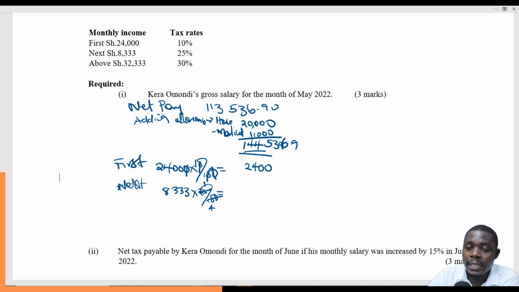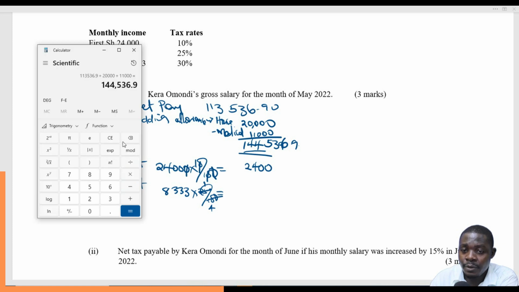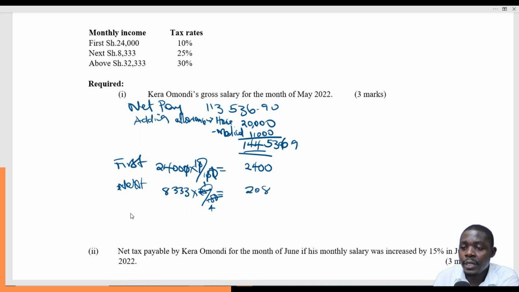Now we can take 8,333 and divide by 4. Let's see what we get. You get 2083.25.